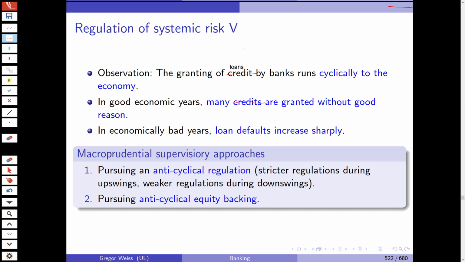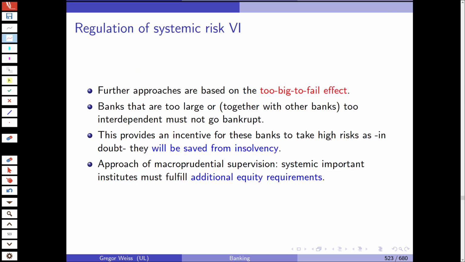Because if you assume that, for example, this is the economy, we have booms and busts, and if we have a recession, and then supervision steps in, and we have cyclical supervision and regulation, this means that the requirements on banks are set even higher, and the result will be that we have even fewer loans, and the crisis turns out to look like this. So weaker regulation during a recession and tougher regulation during upswings. Okay. And the same thing with anti-cyclical equity backing and equity capital requirements.